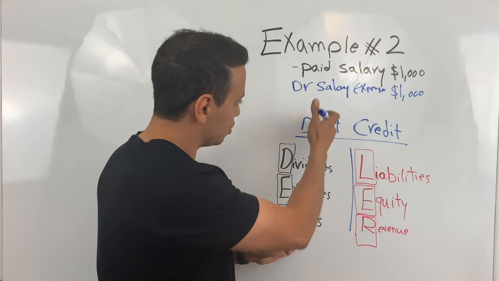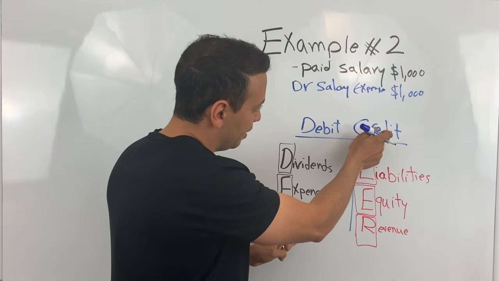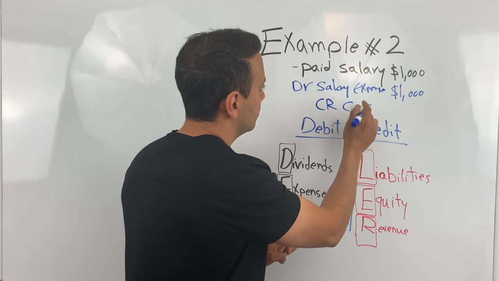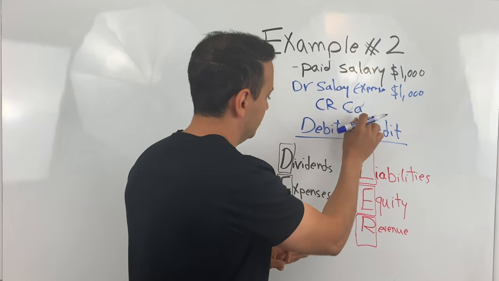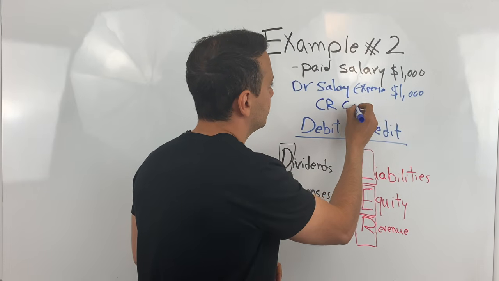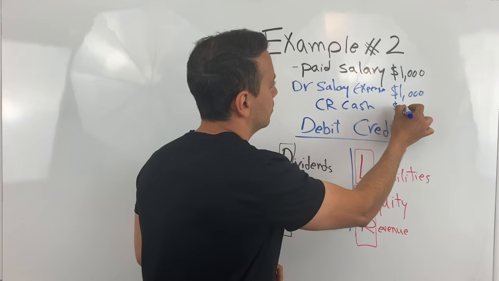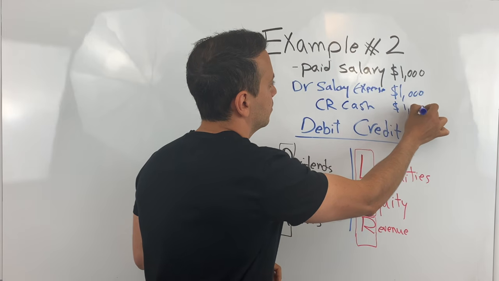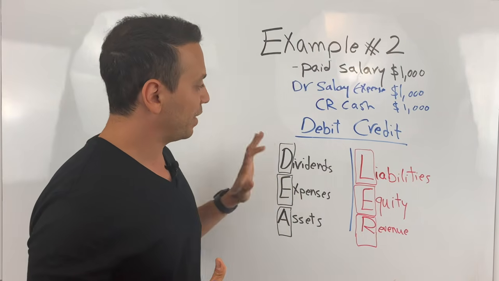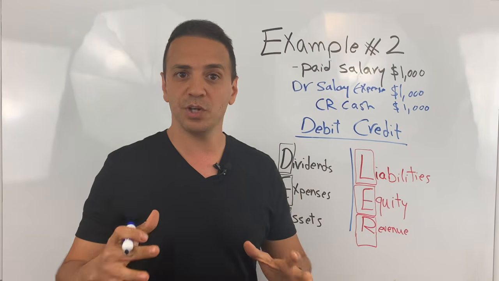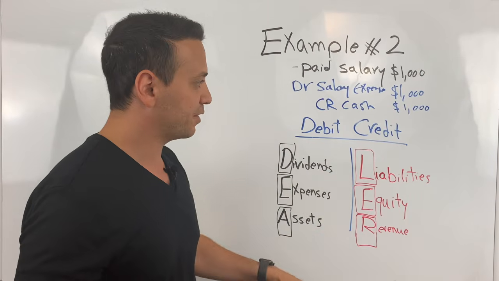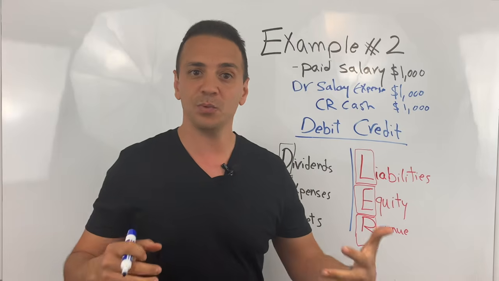And since assets have a debit nature, to decrease them you have to credit them, so credit to cash. So as you can see, guys, it's super simple. If you always remember your acronym DEALER, and remember action equals reaction, opposite in direction, you can think your way through any journal entry.